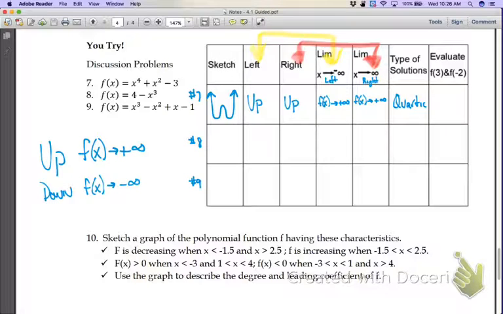If I do positive 3, I would just have 3 to the 4th plus 3 squared minus 3. So 81 plus 9 minus 3, and then I would get my value. I would do the same thing again for negative 2. I would have 2 answers here. That is all that I'm going to do.